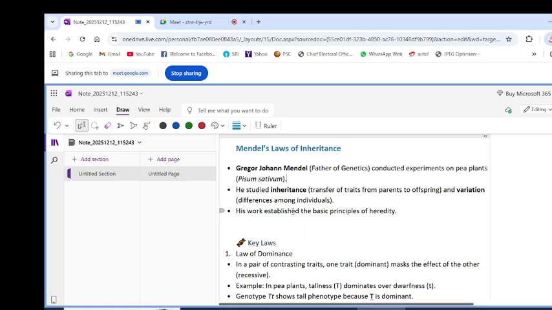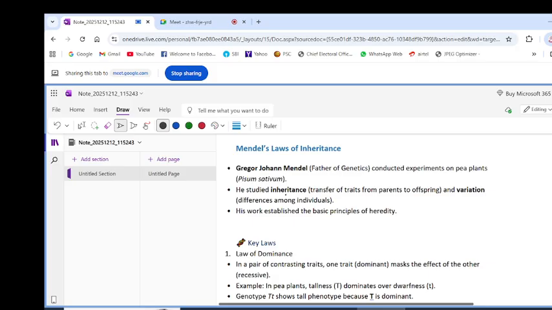So he studied inheritance and variation. What is the meaning of inheritance and variation? Inheritance means the transfer of traits from the ancestors, from the parents to the offspring.